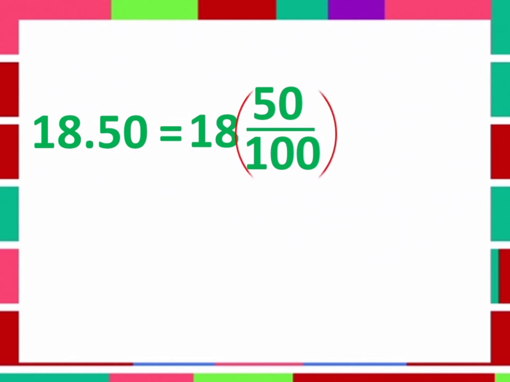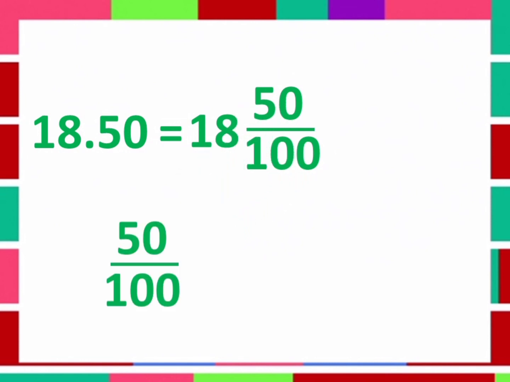Another one, 18.50. So write the whole number 18, and 50 will be the numerator over 100 because it has 2 digits after the decimal point. As you can see, 50 over 100 can be reduced to lowest term. So divide both by 50.